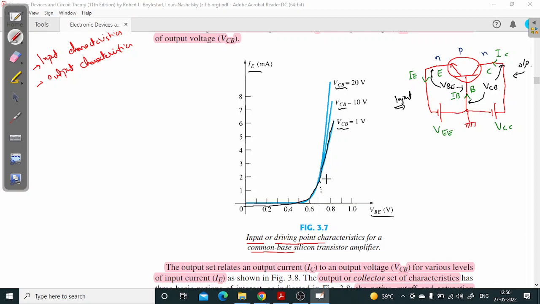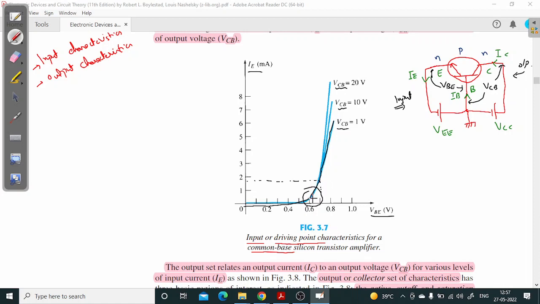At this point the value of the current is around 1.5 milliampere, and when we go beyond this 0.7 volt, the current increases very rapidly. So in this region, it has started to rise.